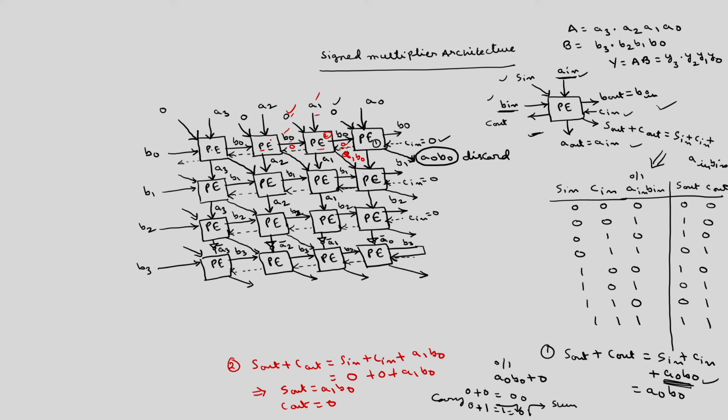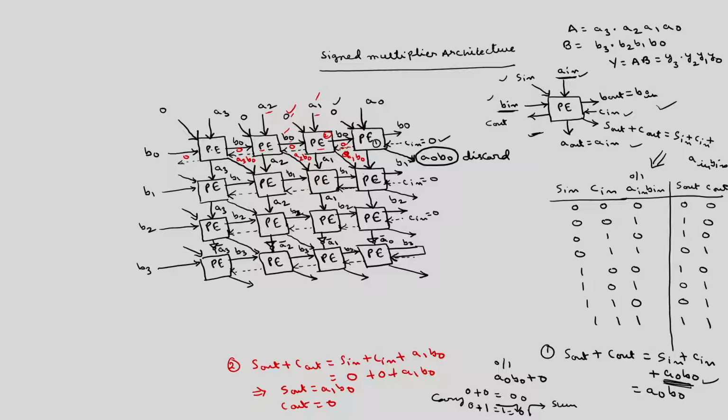Similarly, you can find the output of this processing element: the sum bit will be A2, B0 and the carry bit 0. Similarly, this will be A3, B0 and this carry output is 0. Okay, so we have generated A1, B0, A2, B0, A3, B0, A0, B0.